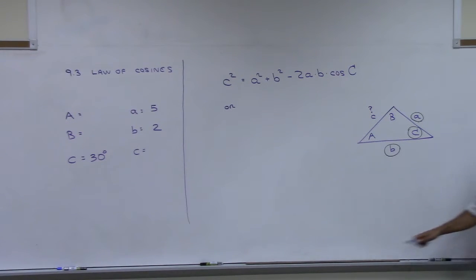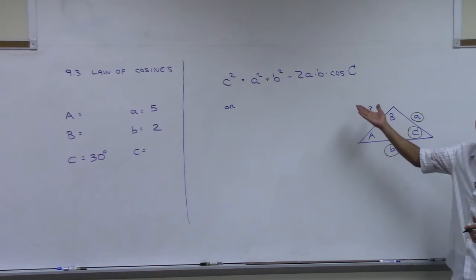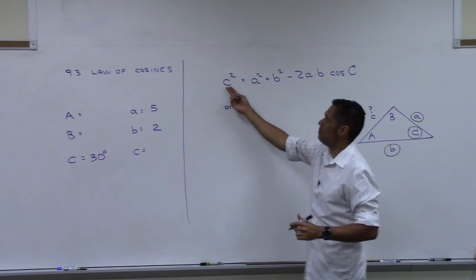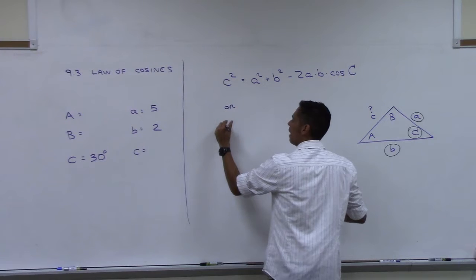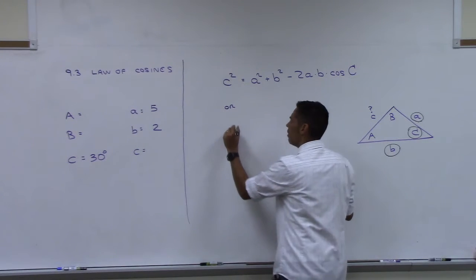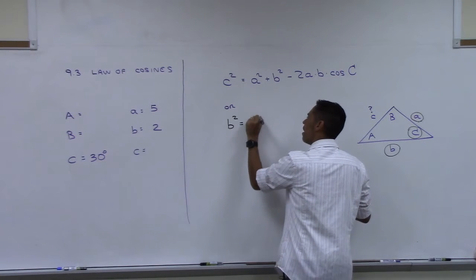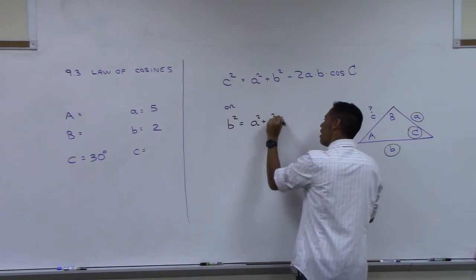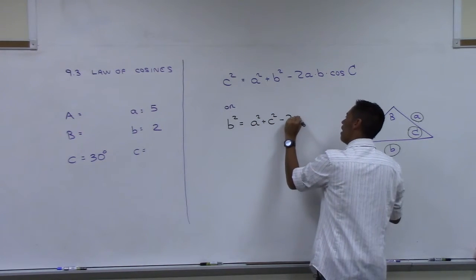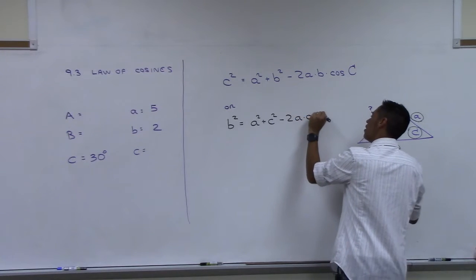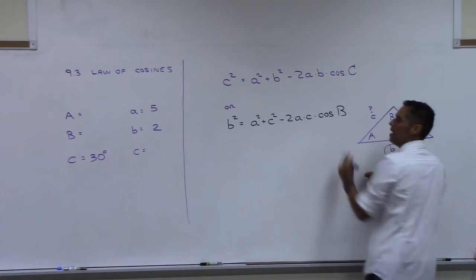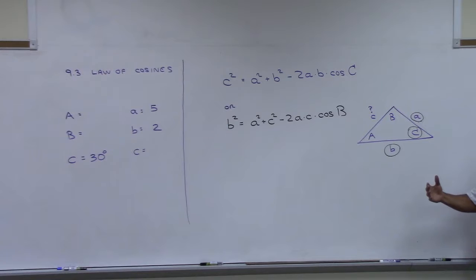So this formula could be changed up. You could replace this with b squared. So b squared equals a squared plus c squared minus 2ac cosine b. That would work also.